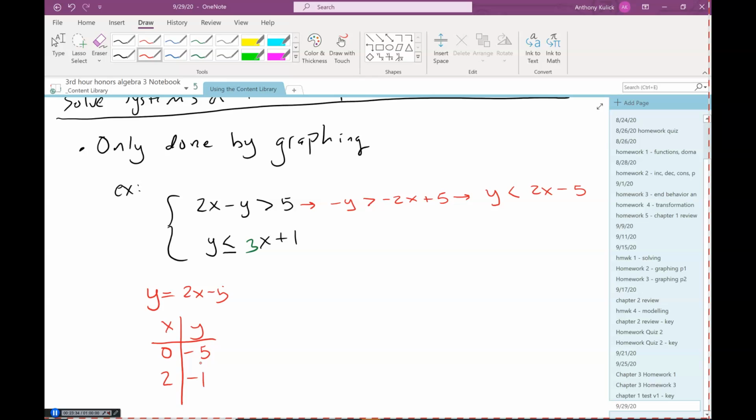And then I'll make an xy table for y equals 3x plus 1. So I'll pick x to be 0 and then x to be 3. Again, I try to pick them a little bit further apart so that when I draw my line, it tends to be a little bit more accurate. But that's just personal preference. You don't need to do that.